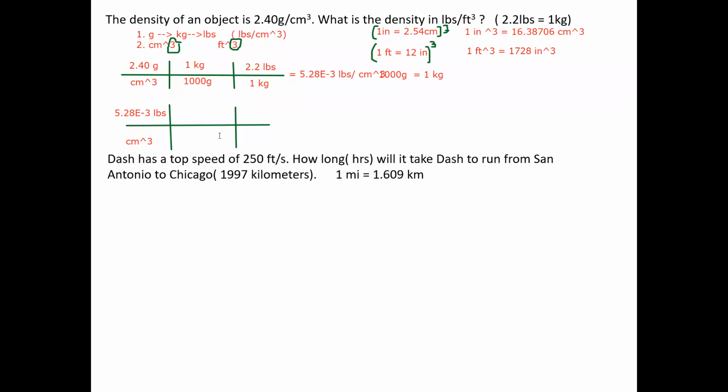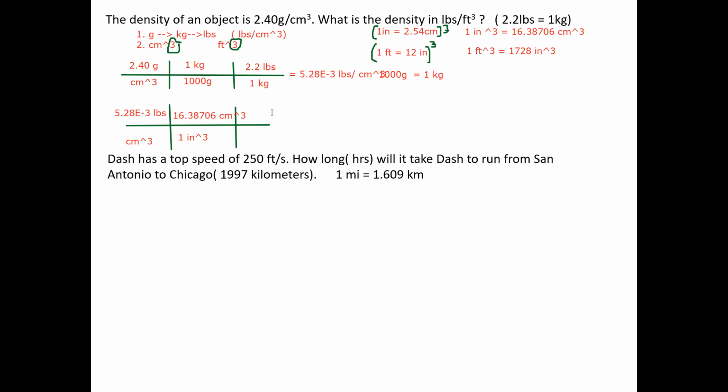So in our empty train track to the left, centimeter cubed, which is the unit we want to convert, is on the bottom. So in our conversion factor from centimeter cubed to inch cubed, centimeter cubed will go on top, and inch cubed will go on the bottom. So it's kind of the opposite of when we were doing the numerator.